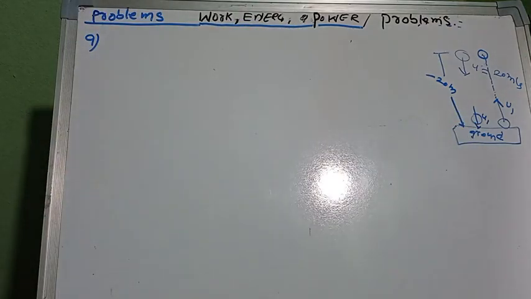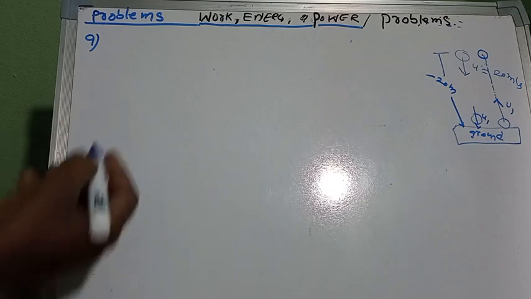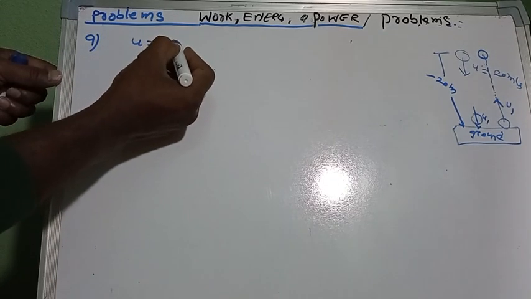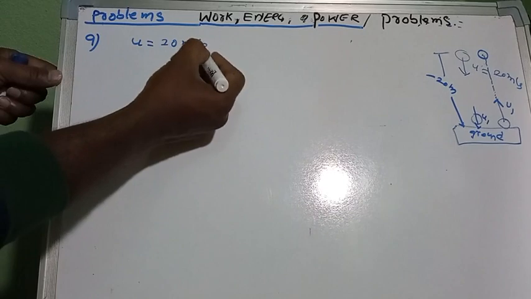So first write down the given data here. Very first one, the initial velocity is given. Initial velocity u is equal to 20 meters per second.